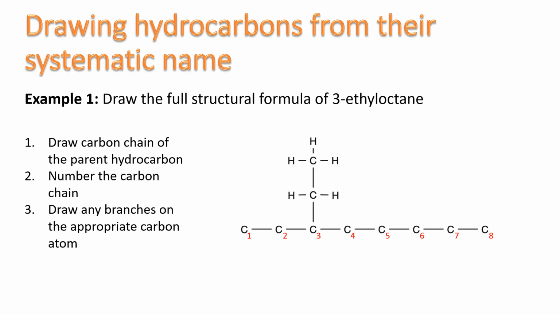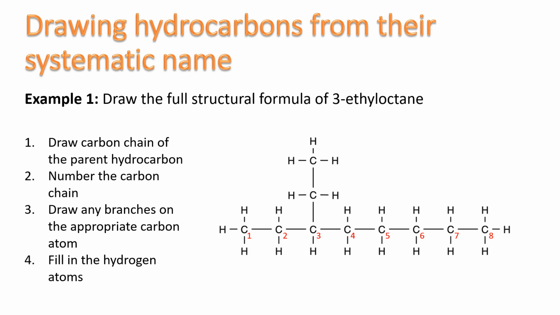Step 3 is to draw any branches on the appropriate carbon atom. Now the name of the molecule is 3-ethyloctane. This tells us that on carbon number 3 there is an ethyl branch. And remember, eth tells us there are 2 carbons, and our ethyl branch would be C2H5 in total. And then step 4, we fill in the remainder hydrogen atoms.